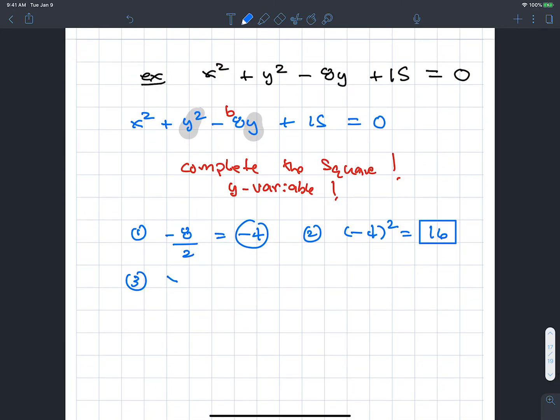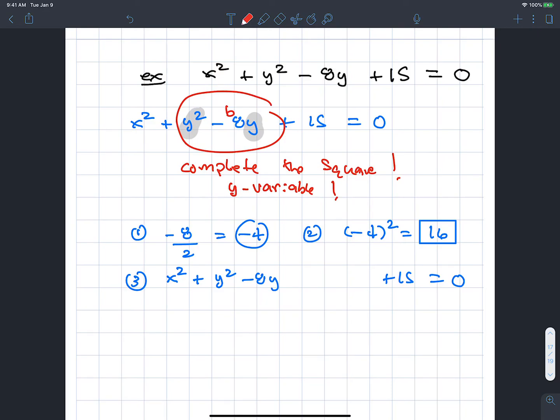Now remember, you copy everything down. You got x squared, you got y squared, minus 8y. Here's where you leave the space, ladies and gentlemen, because we're completing the square with respect to the y variable right in here. All right? That's what you're doing, because you have a linear term. You got that 8y. That's really a minus 8y.